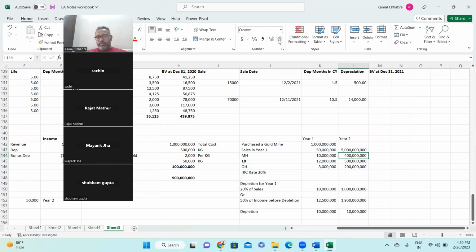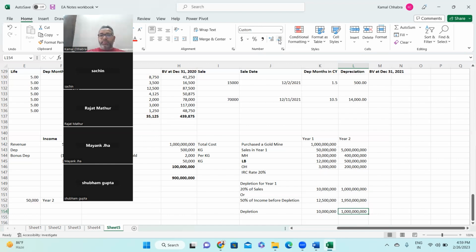Let's assume $5 billion is the amount at which you made the sales. 20% of that is $1 billion, and 50% of the income is coming to $1.95 billion. So the actual depletion considered is the minimum of these two, which is $1 billion.